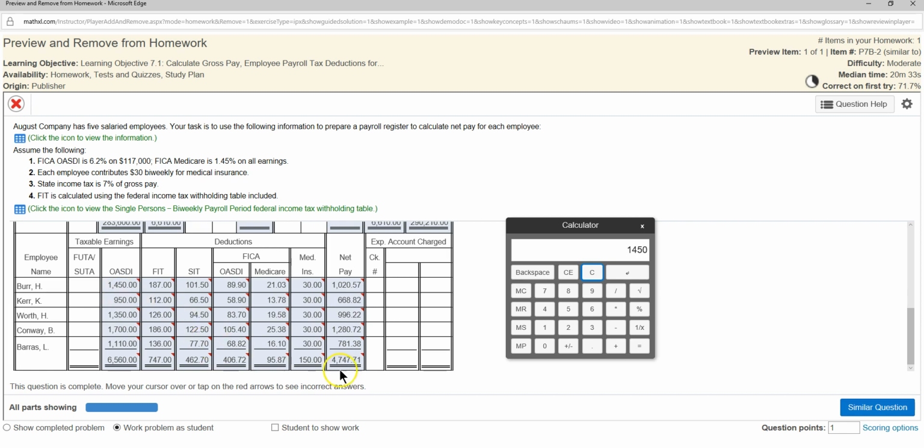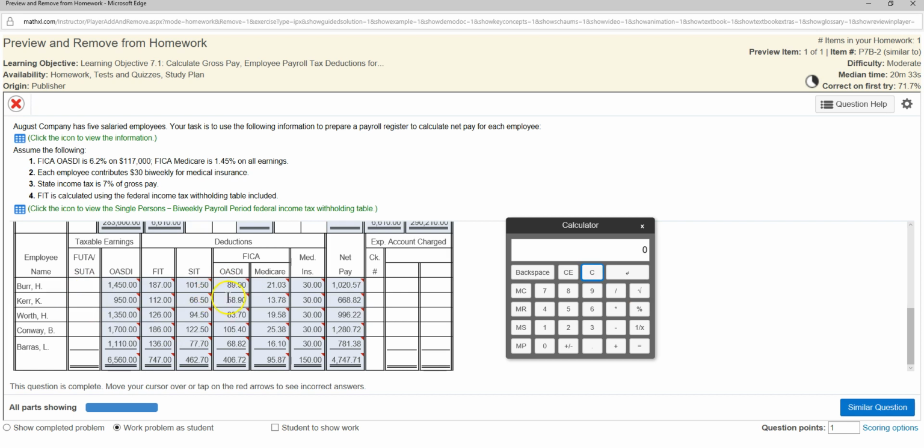Here, let's show you how to do it the other way. 6.2, hit the percent button, and you should get the answer, $89.90.